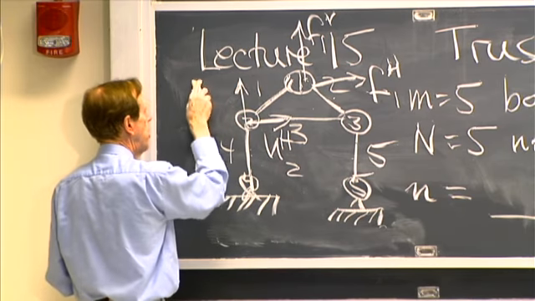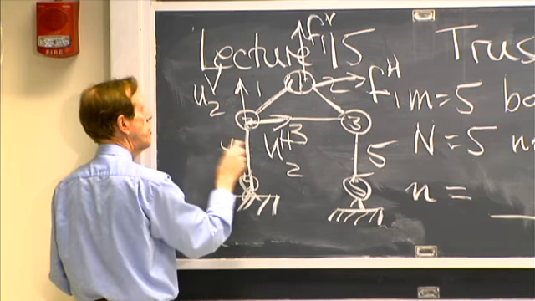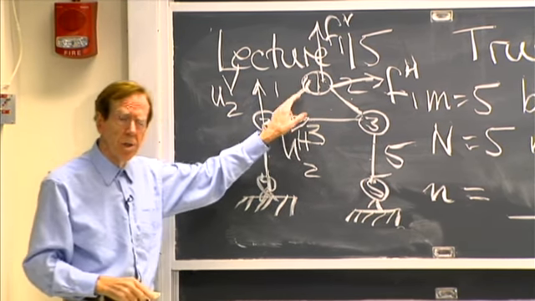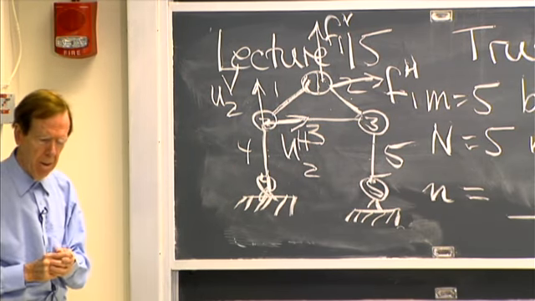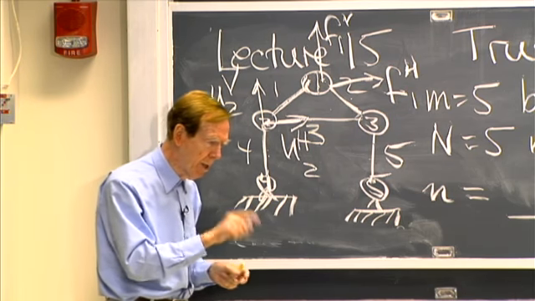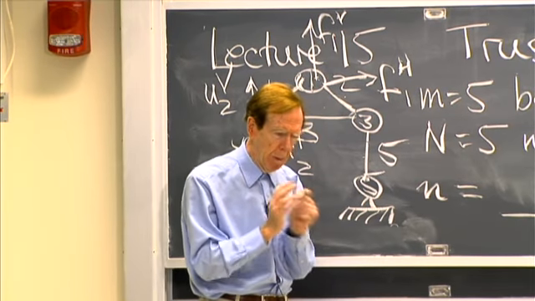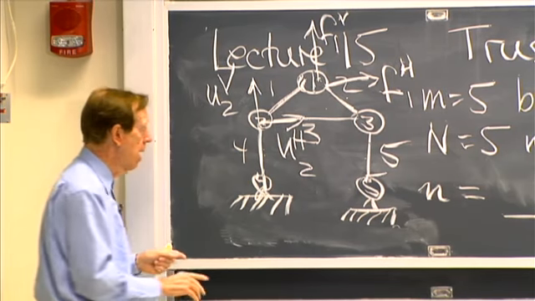But that's an unknown, a vertical displacement of node 2. Do you see the setup? 2 forces per node, 2 displacements per node. So the number of unknowns is doubled, and that produces an interesting situation.